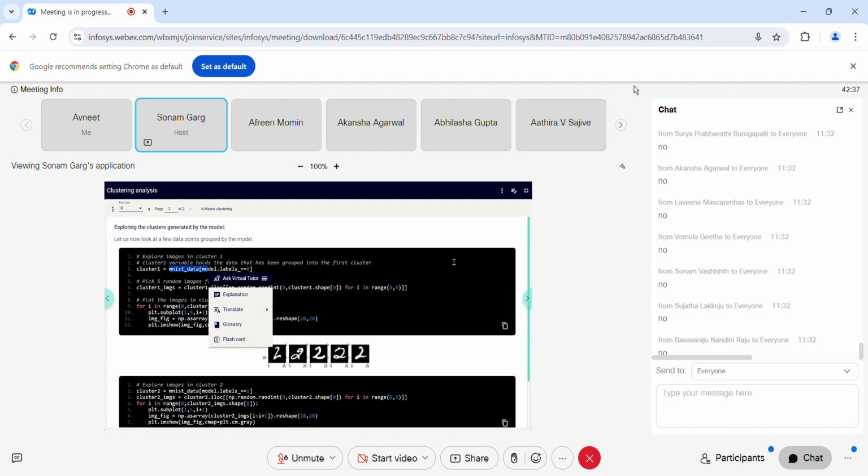But now when you have trained your model, corresponding to each and every data point, a label is given. Remember the first row. Let's say the first row was representing number 2.